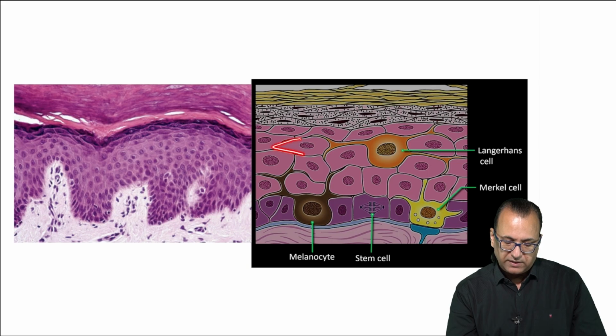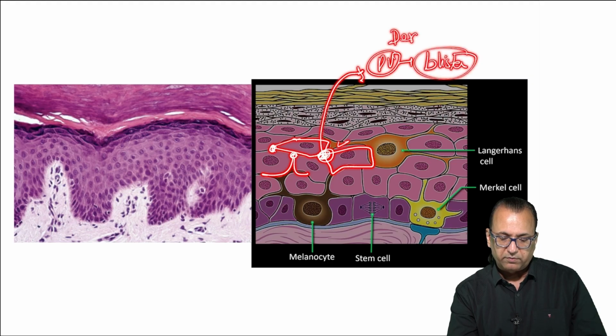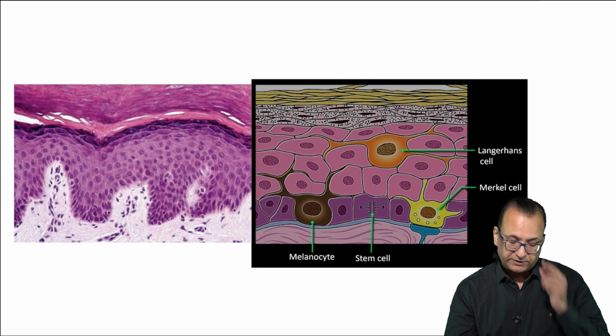We also said that these cells are held together by desmosomes, and if these desmosomes are broken, pemphigus vulgaris is the problem where you will have skin blisters. So desmosomal problems, autoantibodies against the cadherin of desmosomes, and intraepidermal blisters: pemphigus vulgaris.